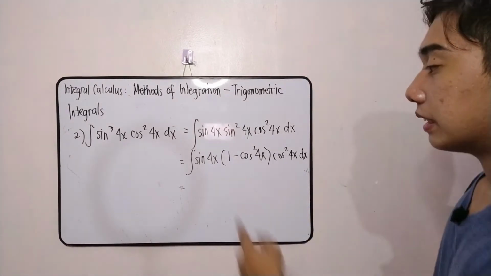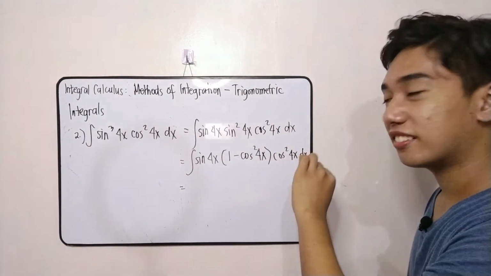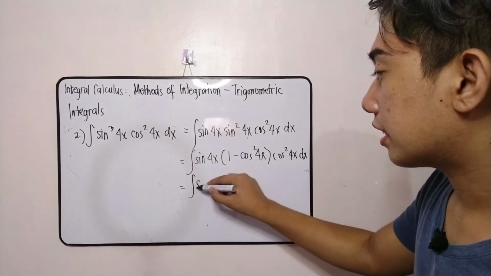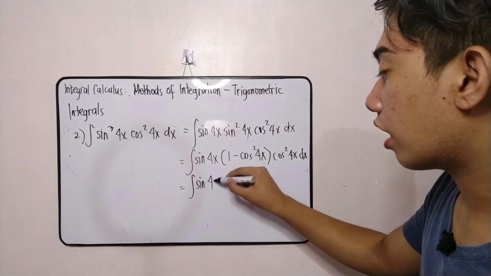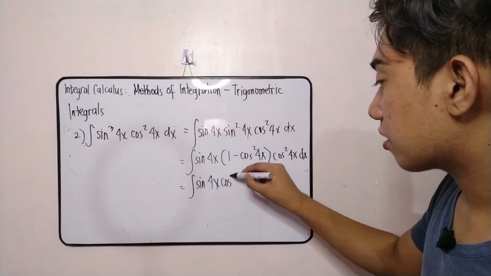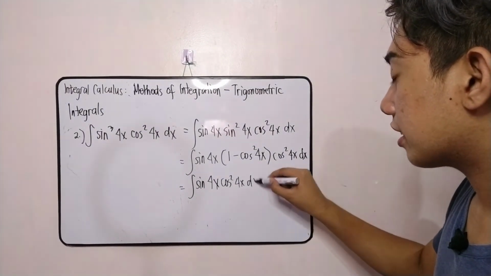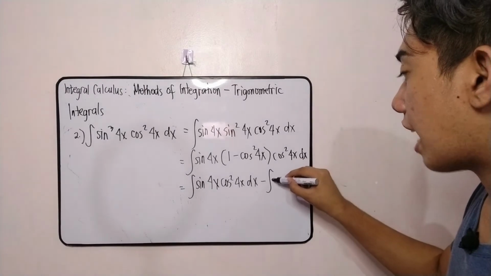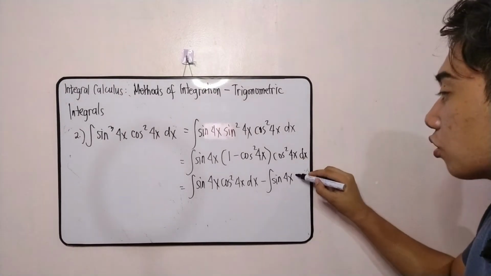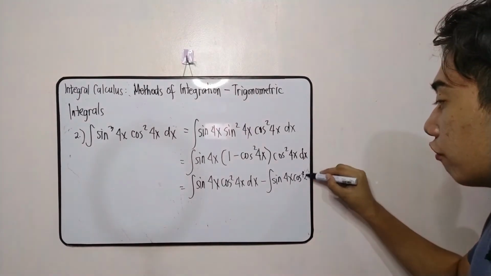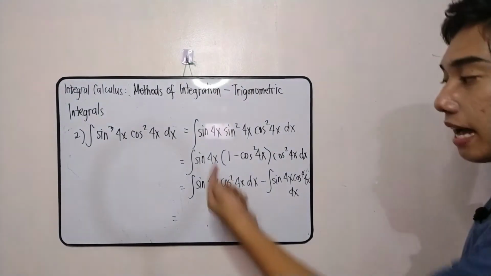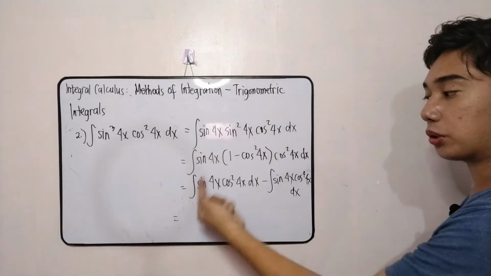Okay? Then, we will distribute the terms. So, this becomes the integration of sine 4x times cosine squared 4x dx minus the integration of sine 4x times cosine raised to 4 of 4x dx. Okay? Nagets ba? Distribute.